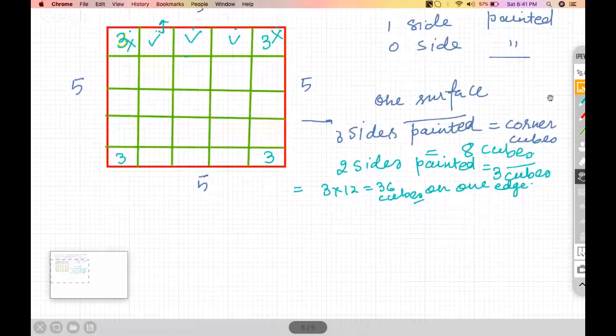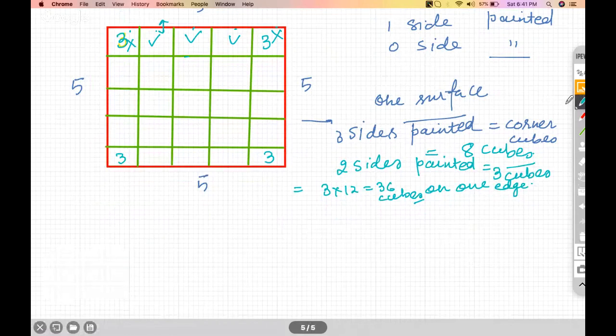Then I have one side painted. So try to understand. I am cutting these cubes because they are two side painted. So all the cubes on edges would be cut down because they are two sides painted. So how many cubes are left out for one side painted?